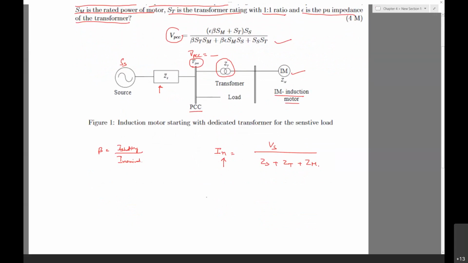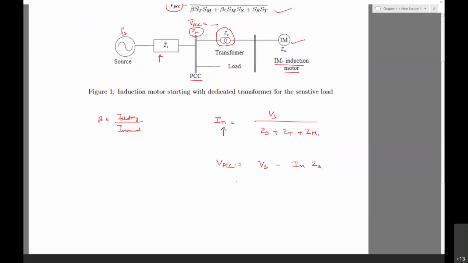The PCC voltage is equal to Vs minus the nominal current into Zs. What we get for the voltage at the PCC during normal operation is Vs times (Zt plus Zm) by (Zs plus Zt plus Zm). This is the equation.